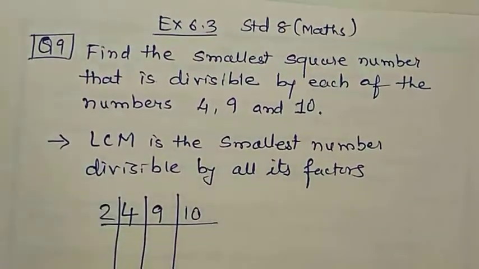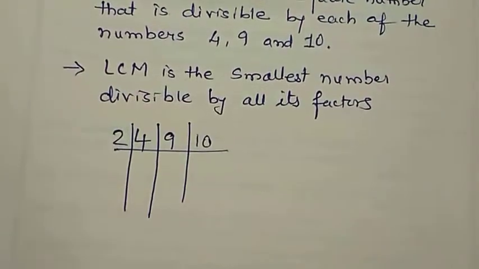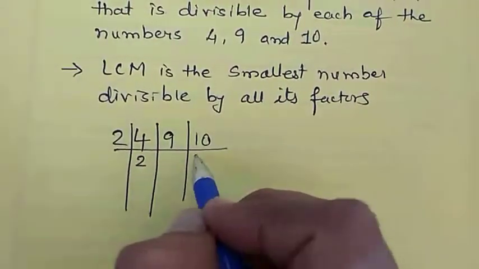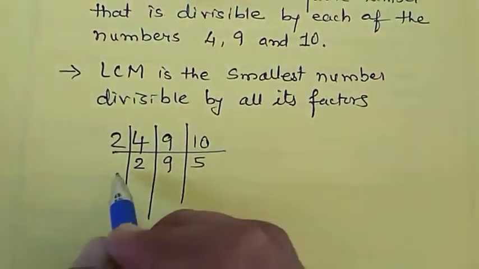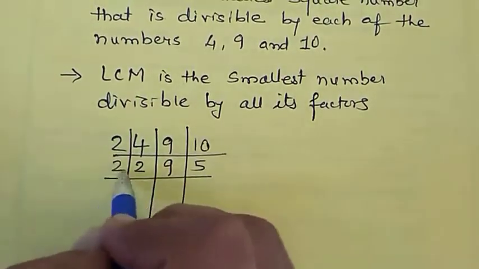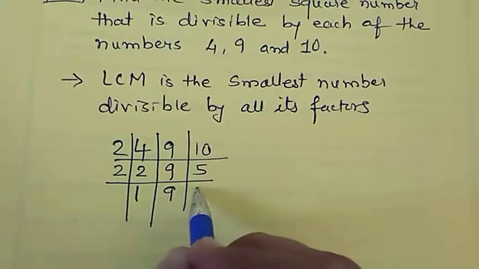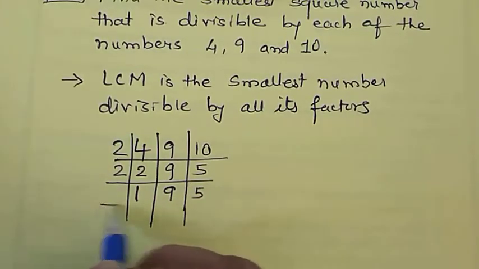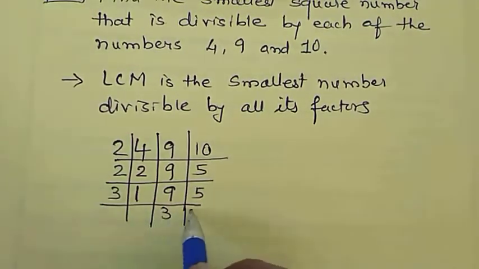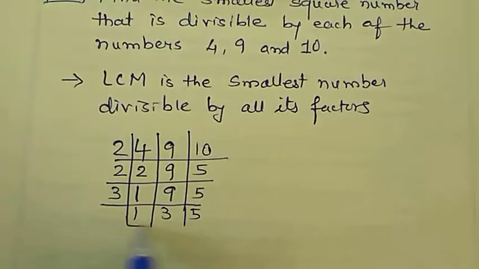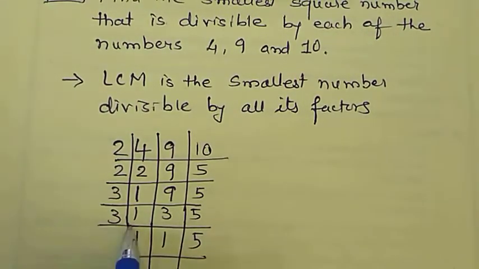So starting with 2: 2 twos are 4, 2 fives are 10, and 9 is not possible as usual. Again with 2: 2 ones are 2, 9 not possible, 5 also not possible. Now the next prime number is 3: 3 threes are 9, 5 and 1 as usual. Proceeding further with 3: 3 ones are 3, 1 and 5 as usual. Now 5: 1, 1 and 5 ones are 5.